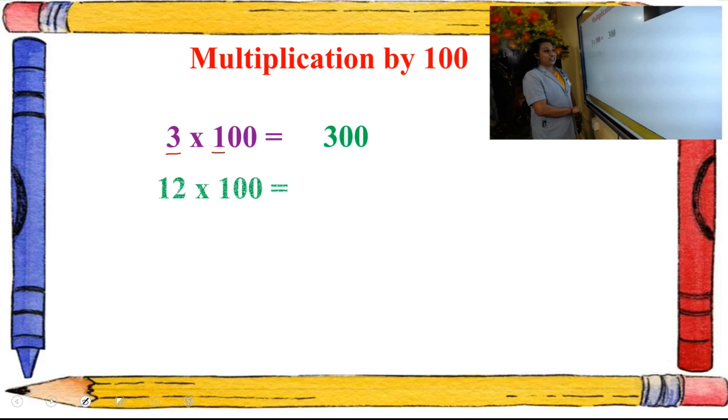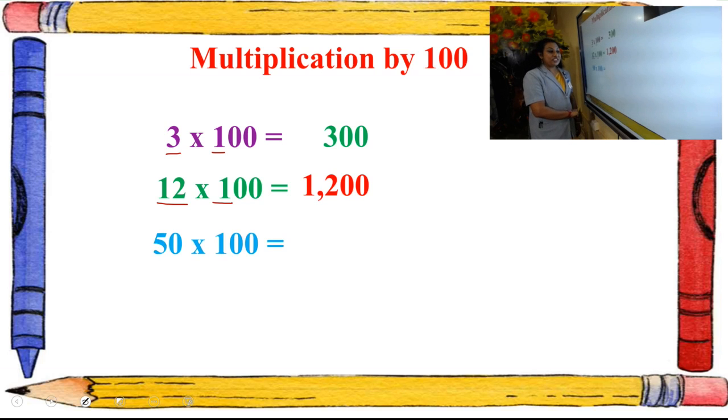Next question, 12 into 100. Same procedure, just multiply with 1. Any number into 1 gives the same answer, and add how many zeros? 2 zeros. So 12 into 100 is 12 and 2 zeros. That is 1200.